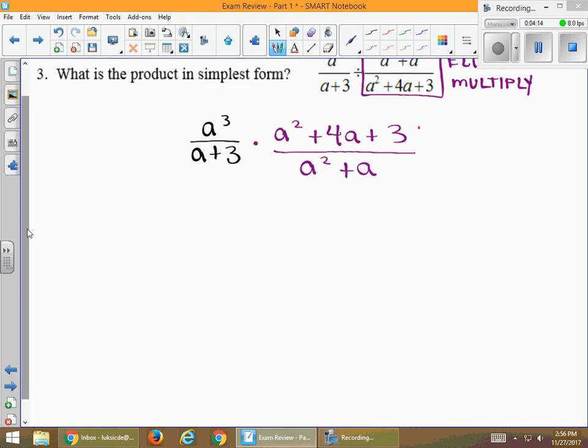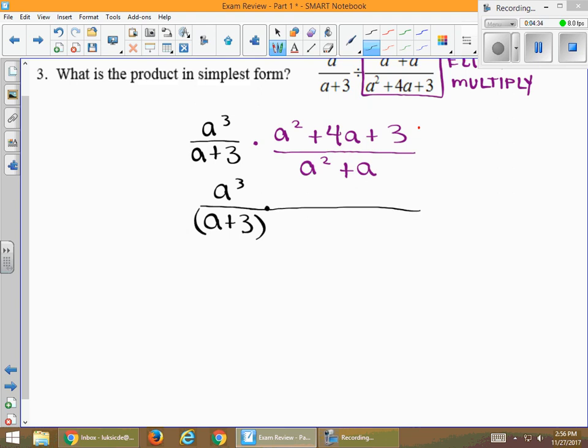Again, some factoring. Nothing to factor in the first fraction. And if it helps you to put those in parentheses, you can. This is all multiplication across, so really you can just parentheses everything and make it into one big fraction.